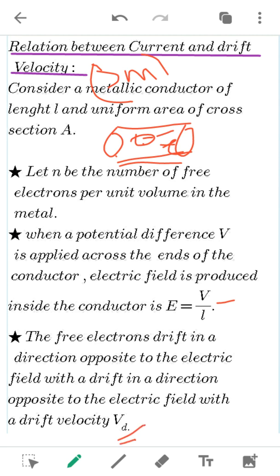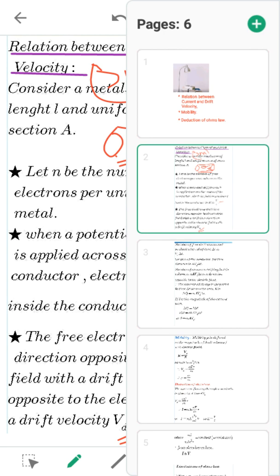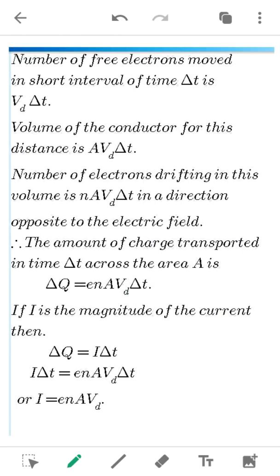So now we will symbolize the drift velocity as Vd. The distance moved by free electrons in a short interval of time delta t is Vd delta t, right? Now how can we calculate?